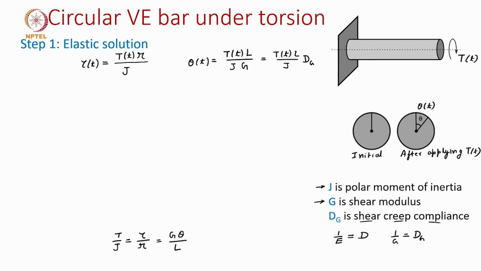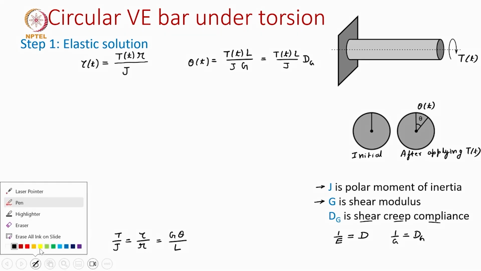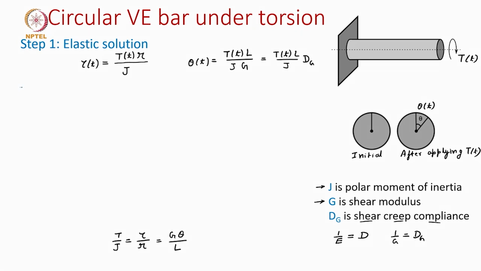Okay. So, now let us go to step 2 of the correspondence principle, 2 and 3 in fact, because we want to replace both the variables and the elastic constants. So, starting with the first equation, we replace it with transforms.